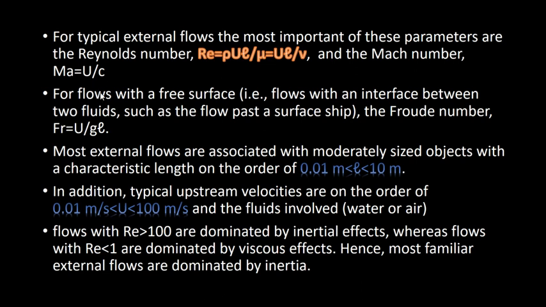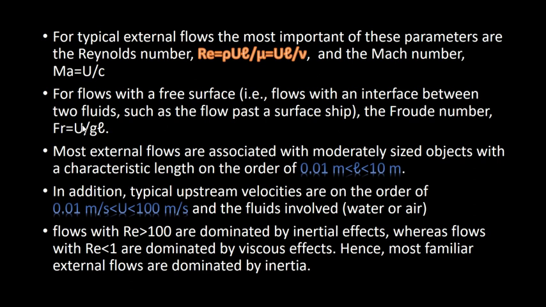On top of that, for flows with a free surface, for example flows with an interface between two fluids, such as the flow past a surface ship, the Froude number, Fr, is normally used to characterize the flow.